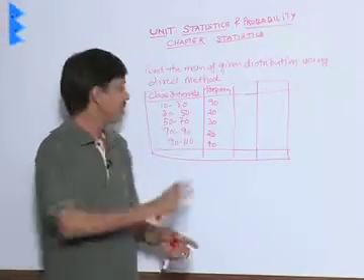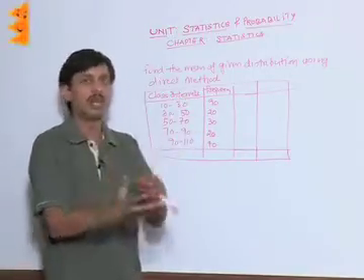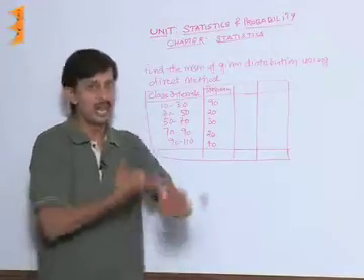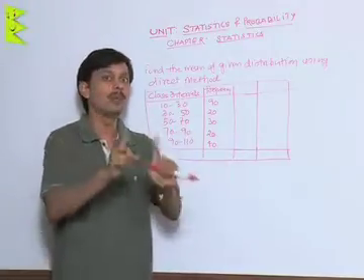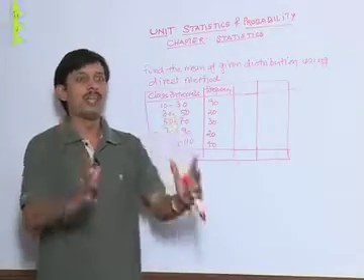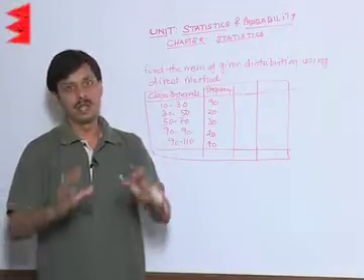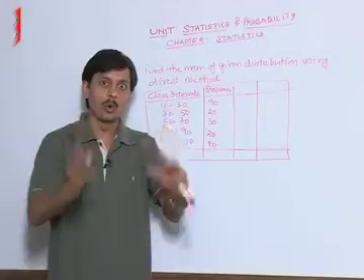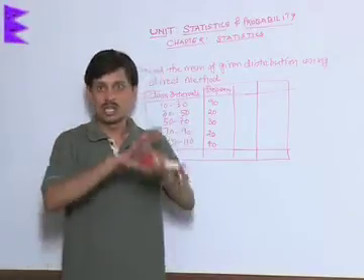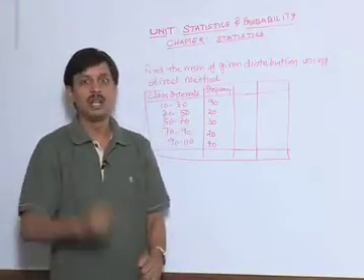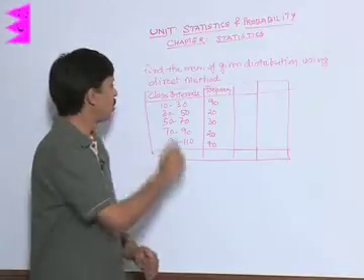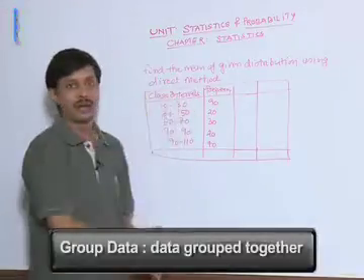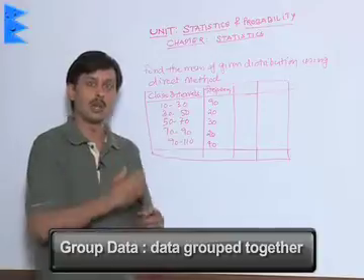This information has been collected, and then somebody decides to make groups. When data is classified into groups like this, it is known as grouped data.